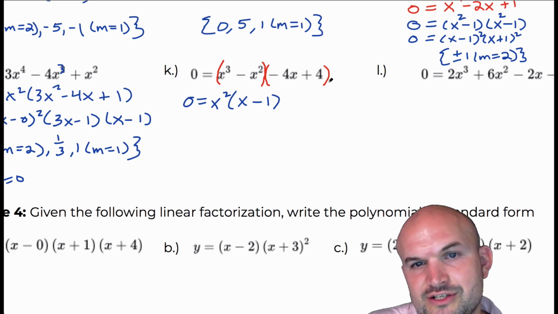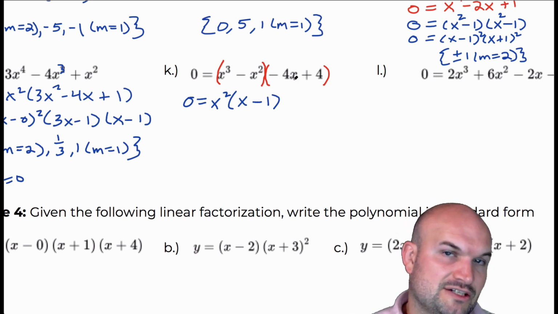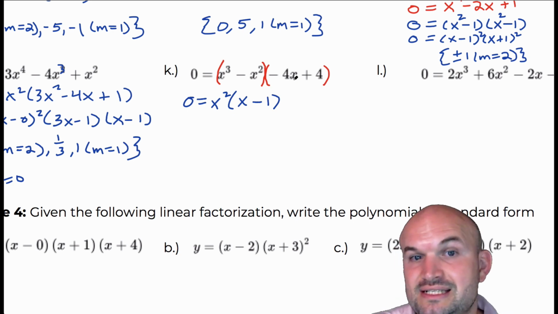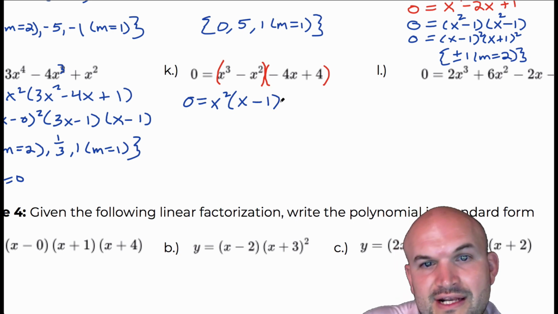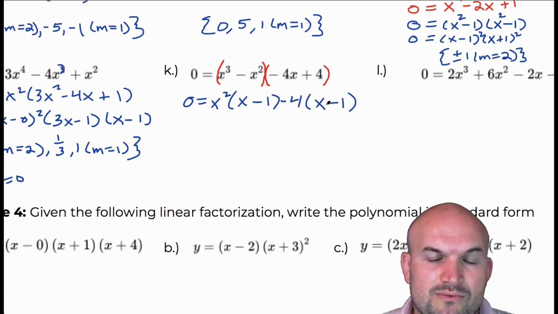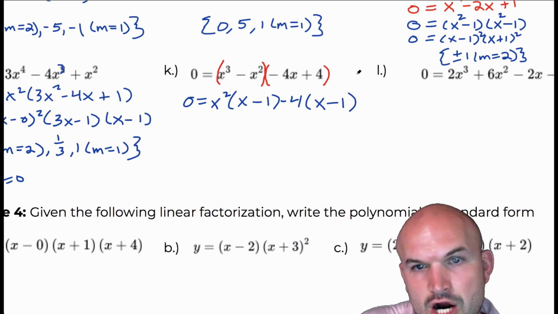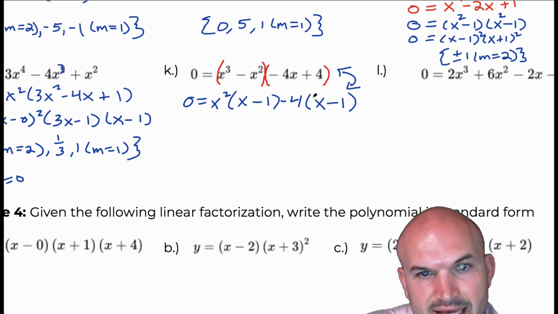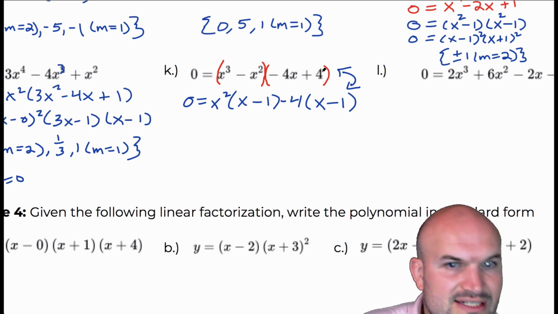So what I want to do is my idea of factoring out the GCF is to get the exact same terms in the parentheses to be the same. So if I factor out a -4, look what happens, what's left over, x minus 1. Okay, so you can see inside these parentheses, I have x minus 1. Now, it's also really important to understand that these are equivalent equations. Okay, if you multiplied the x squared and multiplied the -4, you would get this exact same problem again.